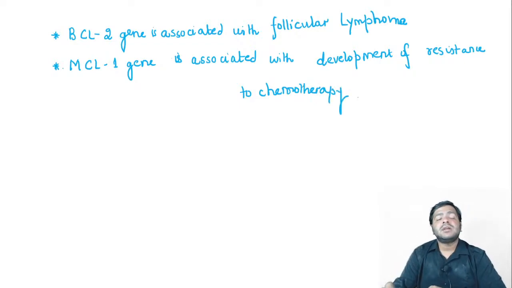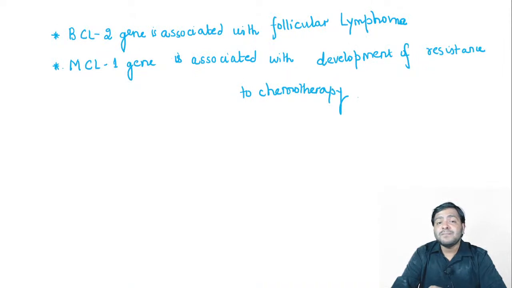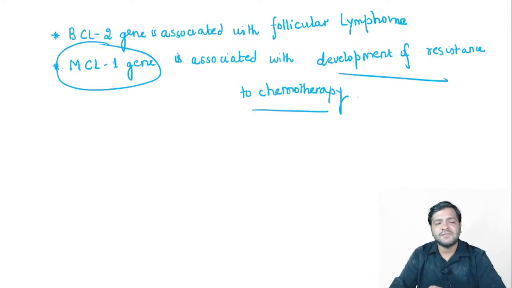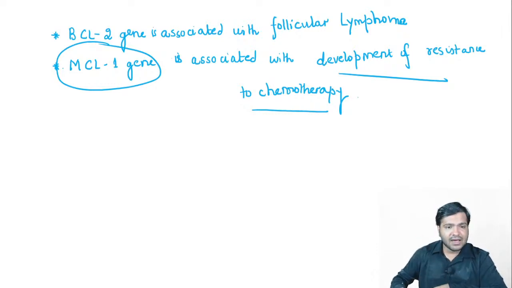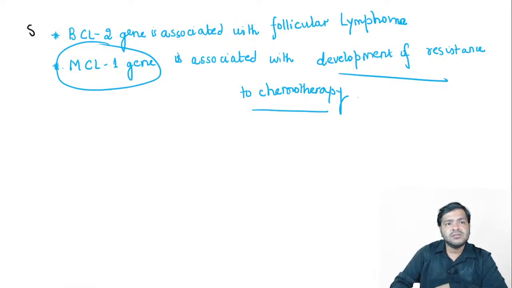So guys, there are two different types of questions that have been asked in the exams. If they simply ask what is the most important anti-apoptotic gene, that is the BCL2 gene. The other question is the most important anti-apoptotic gene which is associated with development of resistance to chemotherapy. It is the MCL1 gene. So we have two different answers for two different questions. So these two points are important. Just put a dollar sign.